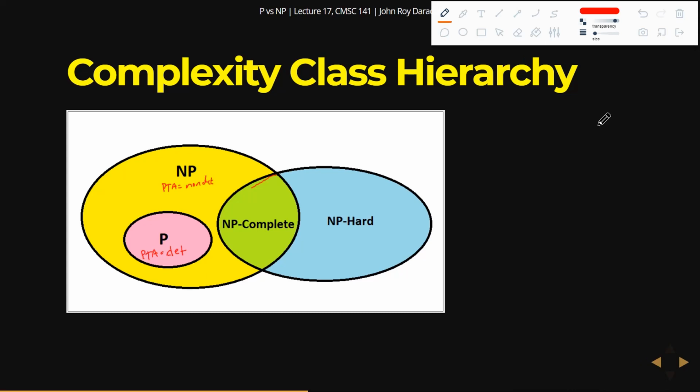Now, the set of classes here, NP-complete, the ones in green, are the hardest NP problems, because all the NP problems can be reduced to the NP-complete problem. So this is the hardest, right? And then NP-hard is at least as hard as NP-complete. So some of the NP-hard are also part of NP-complete, and then some of NP-hard are outside NP. So it's not even NP. Okay, so which one of them is the hardest?